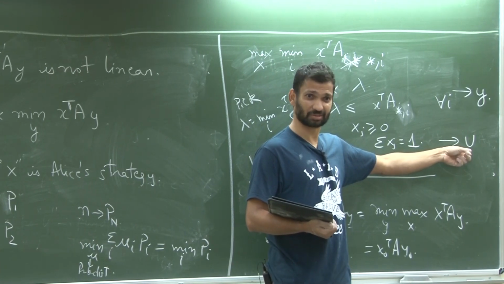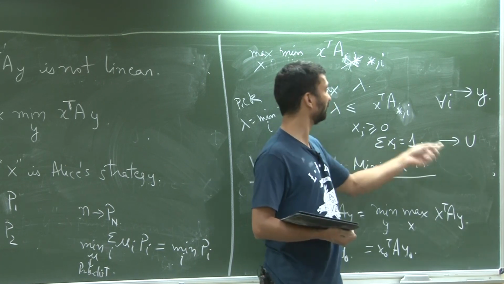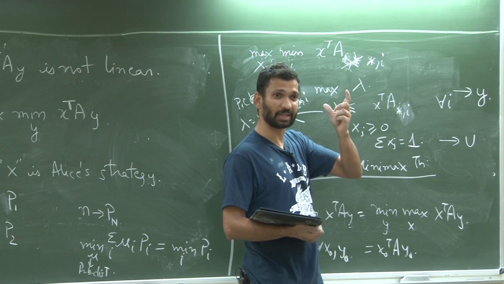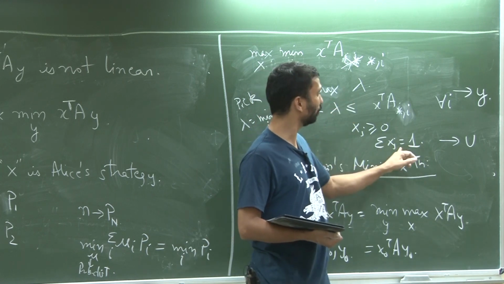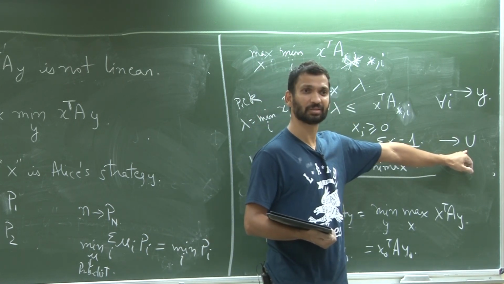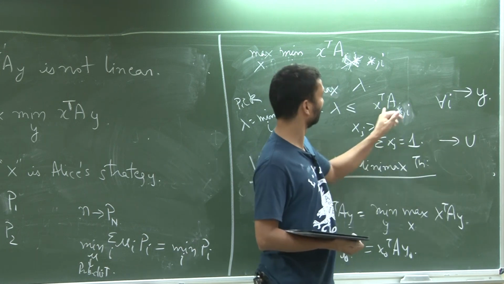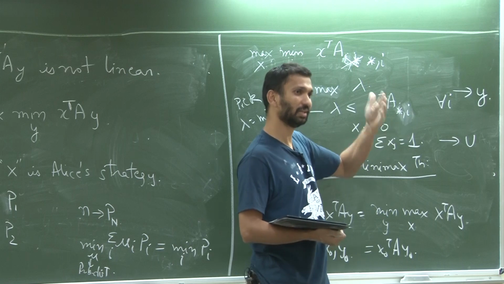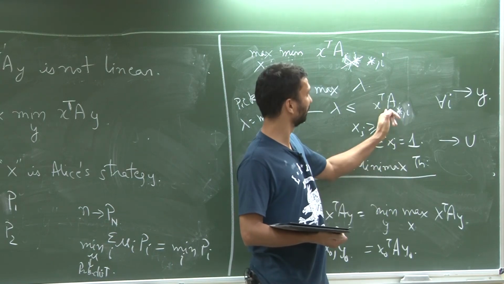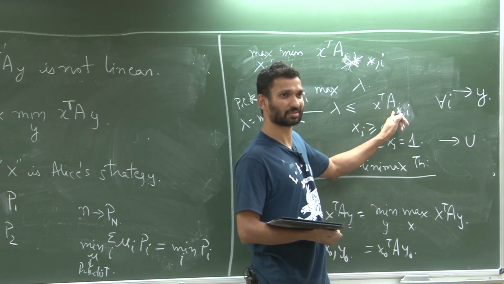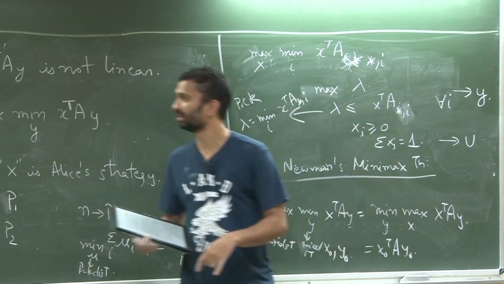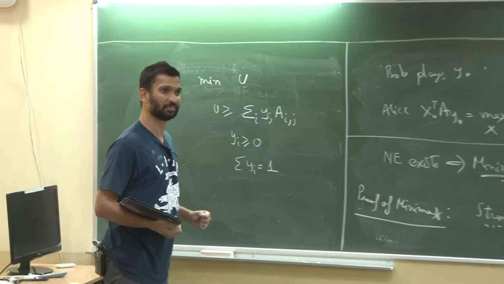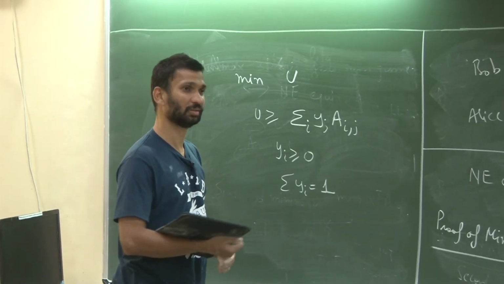We have seen this multiple times, right? Less than equal to, we can check the sign by the mnemonic. Equal means the corresponding constraint is of the same form. This is what we have done. A transpose y, x, Ax. So this changes to this.